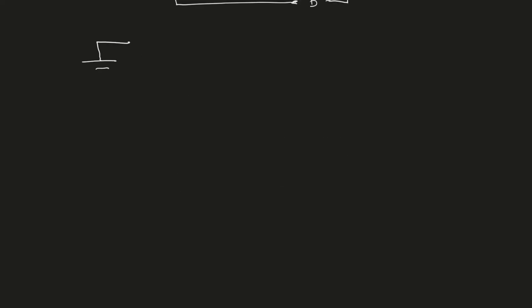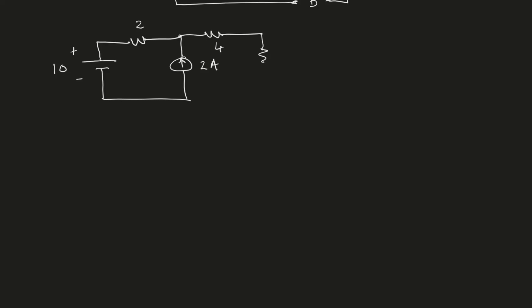So we have an independent voltage source and an independent current source. The current source is producing a current of 2 ampere, which is flowing upward. And we have a 10 volt voltage source. Let's say this resistor is 2 ohms, 4 ohms, and then we have 10 ohms over here and 6 ohms.